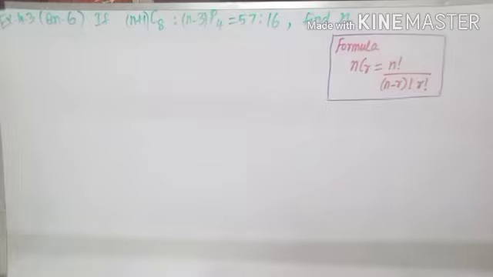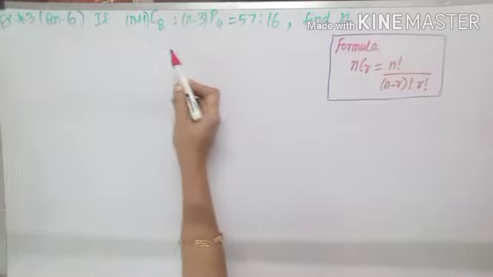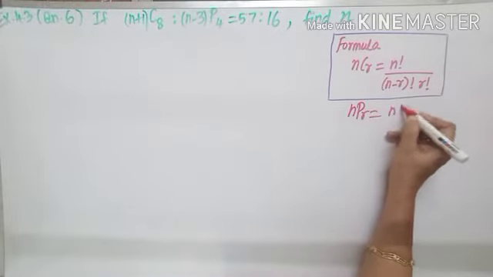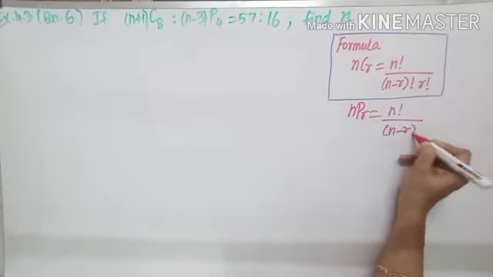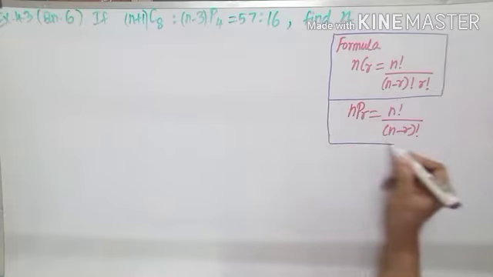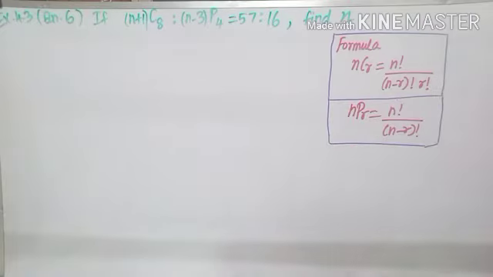In this question, we have nCr as well as nPr. Remember, nPr is n factorial by (n minus r) factorial, and nCr is n factorial by (n minus r) factorial into r factorial. The ratio tells us we need to divide.